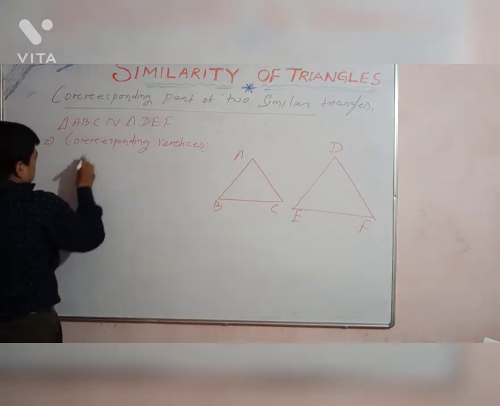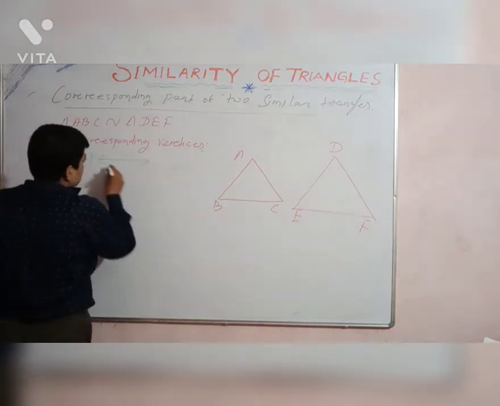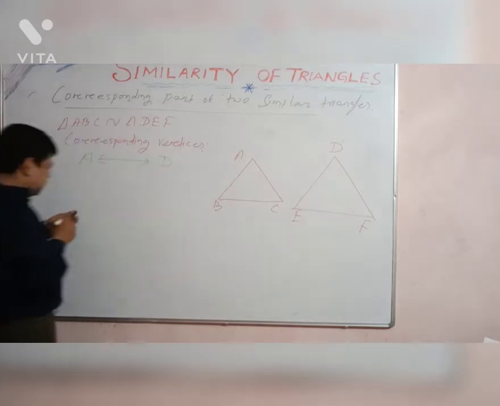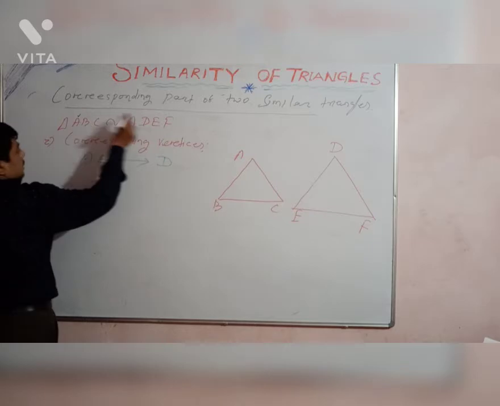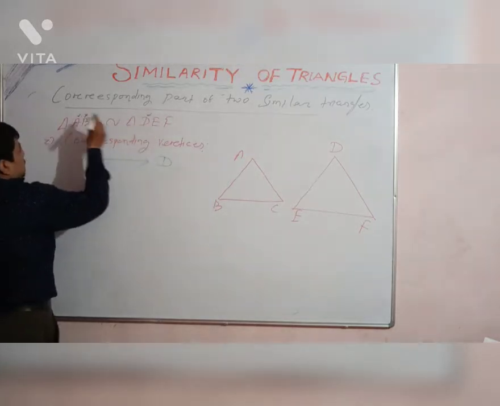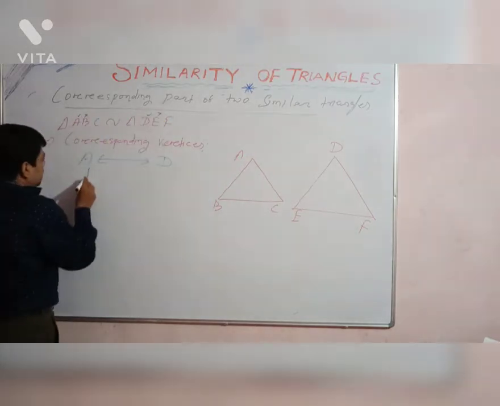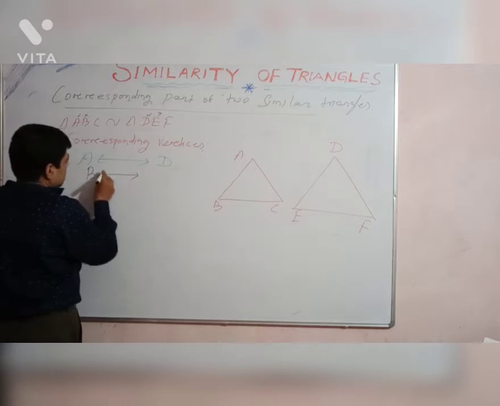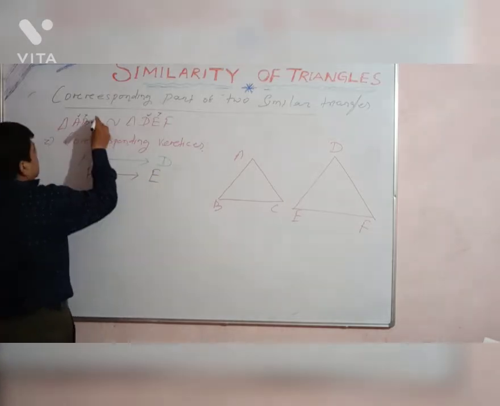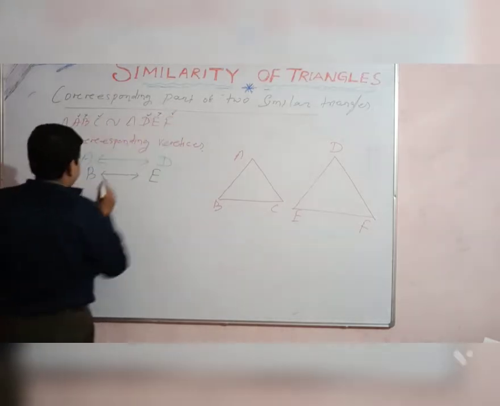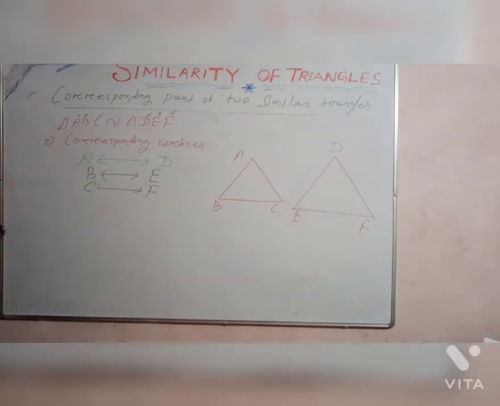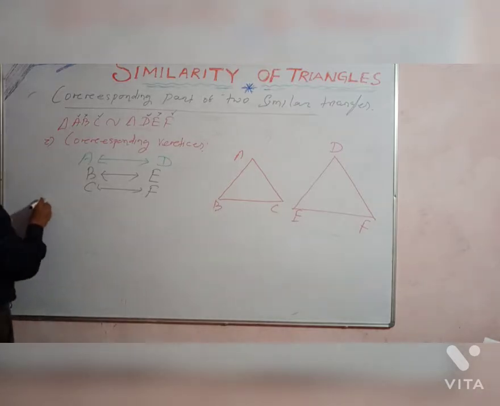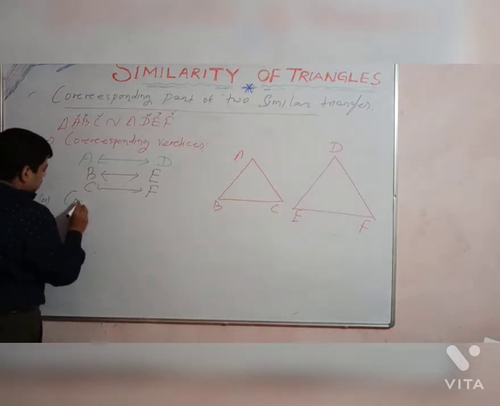In triangle ABC, for A the corresponding vertex is D. For B the corresponding vertex is E. And for C the corresponding vertex is F. These are the corresponding parts of similar triangles, or CPST.